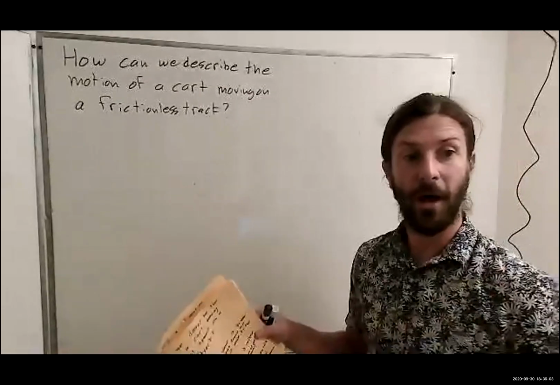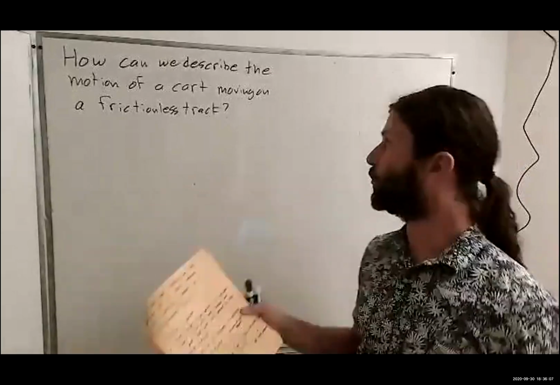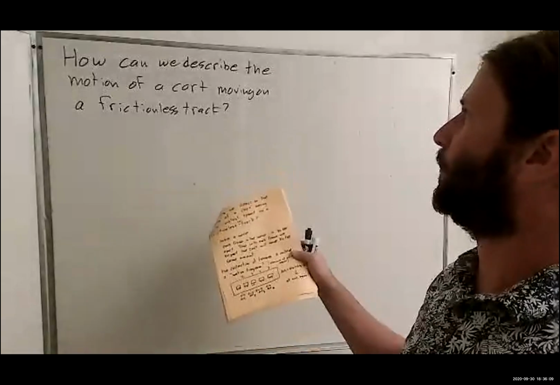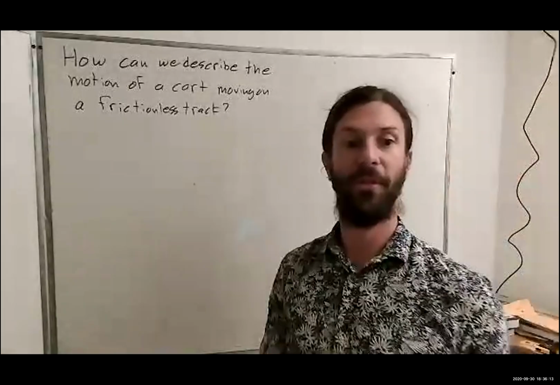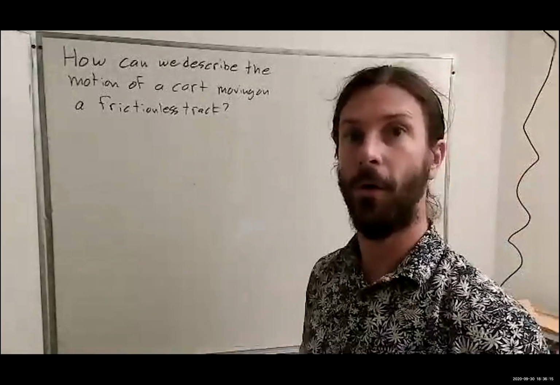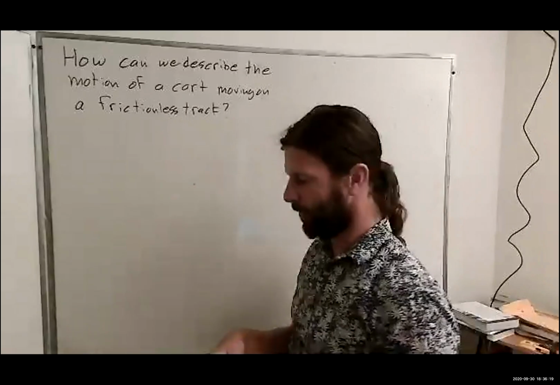Okay, now there's a lot of different ways that we can describe the motion of a cart moving on a frictionless track. And I want to talk about some of the different ways that we will, right? One of them is what's called a motion diagram.